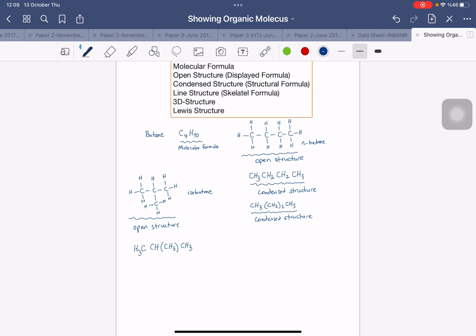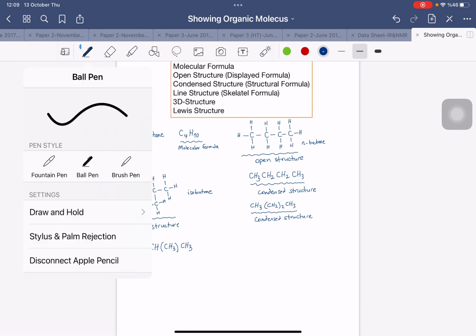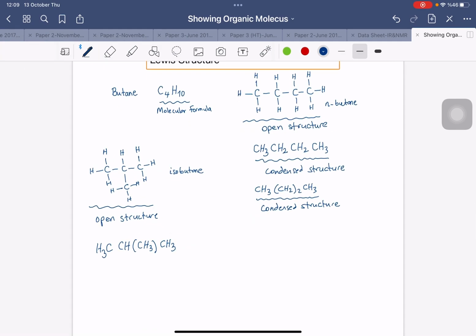In parentheses, I showed the methyl group because that is a branch. This is the condensed structure of isobutane.